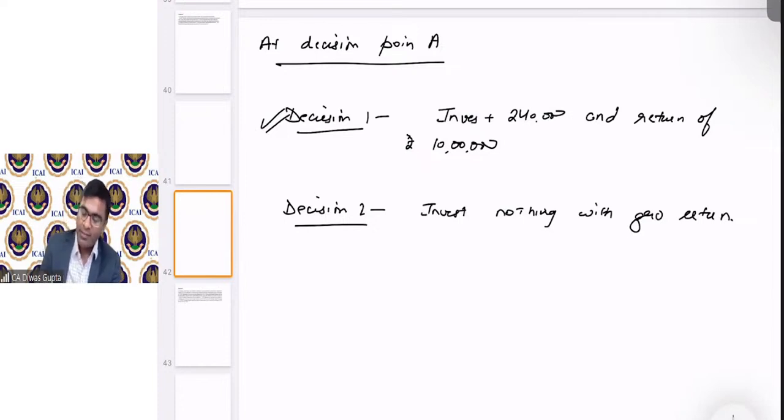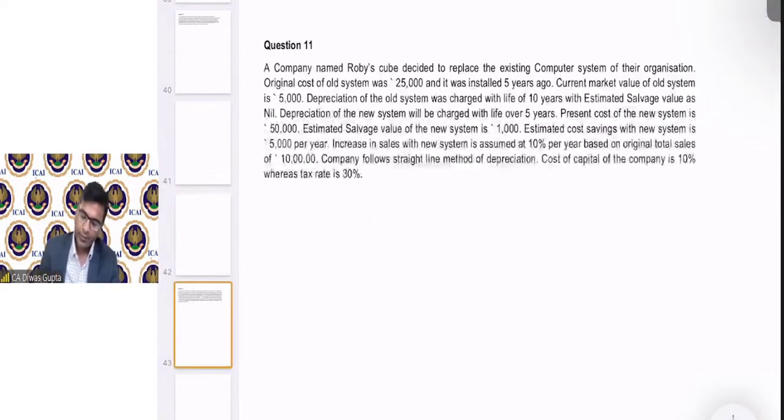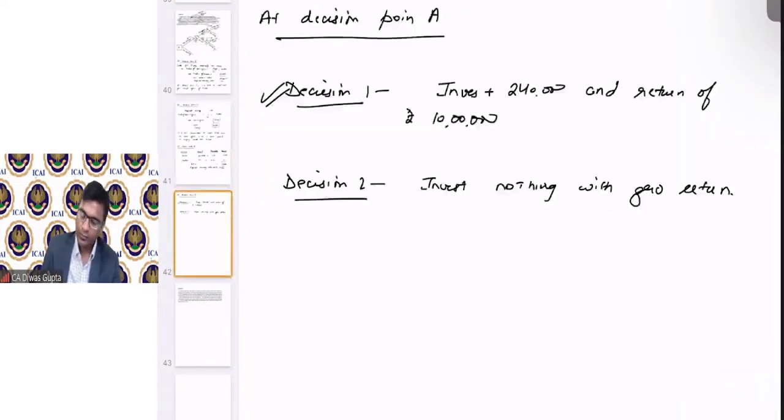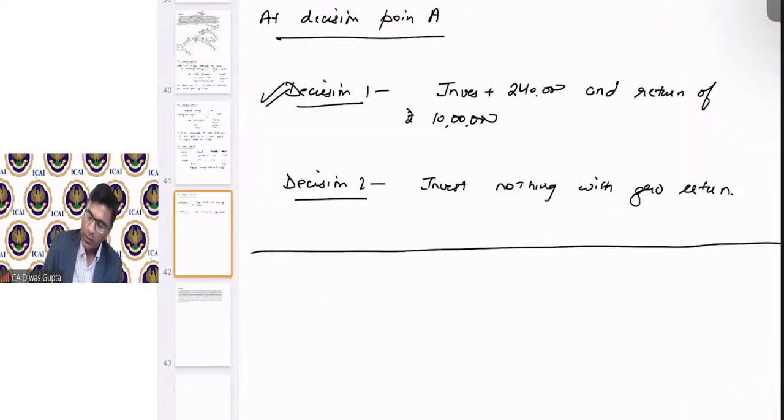So the right decision will be to invest 2,40,000 and get a return of 10 lakhs. So this is how the proposal has been evaluated, given the different possible outcomes and the different decisions we have to take. Students, still here, everything is clear, I hope. Then we can go on to the next topic.